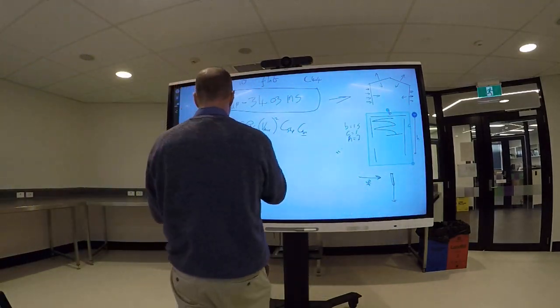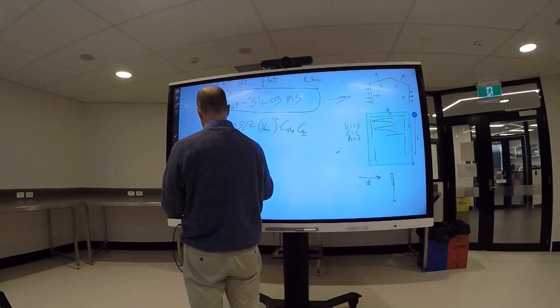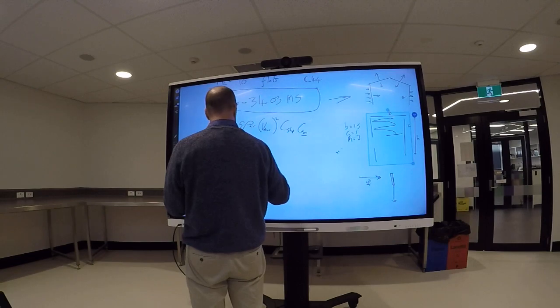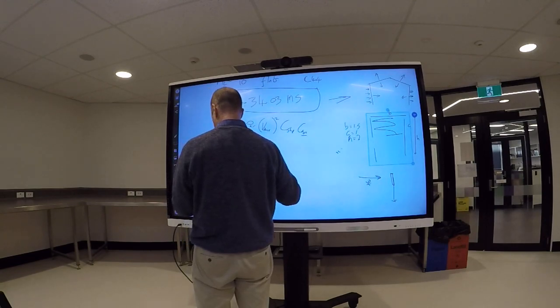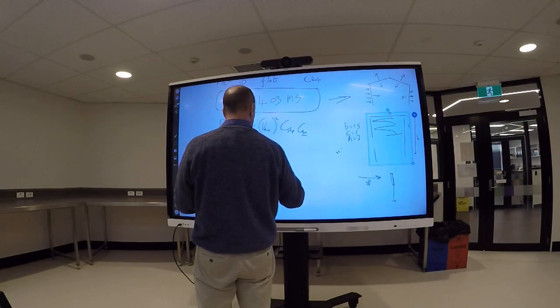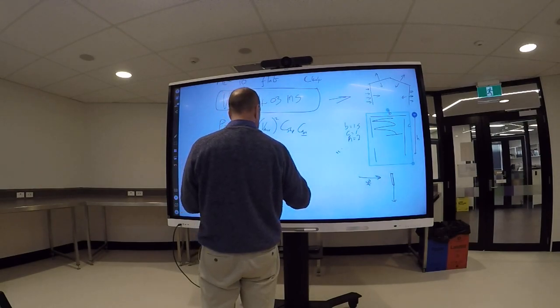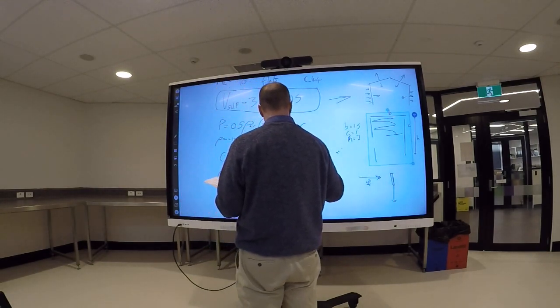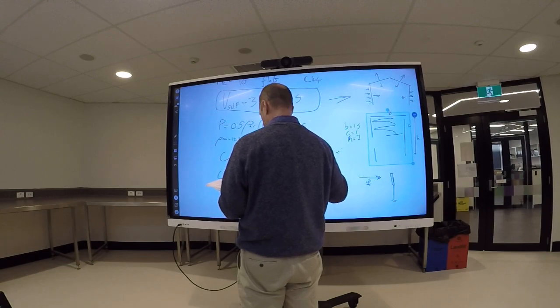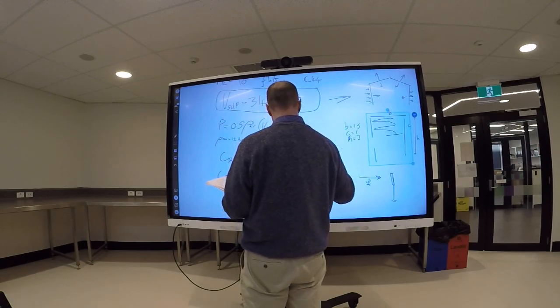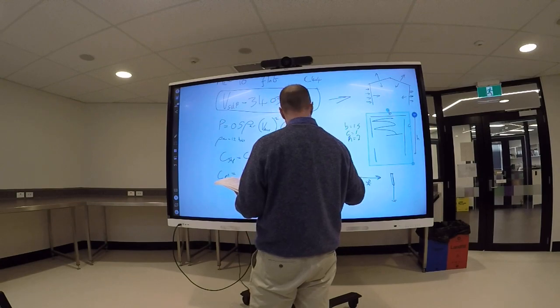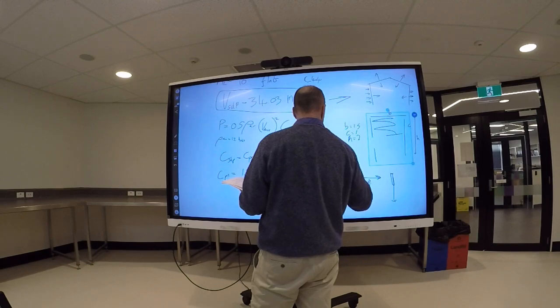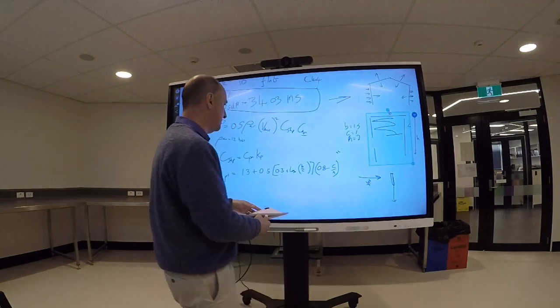Oh, this is fun, right? Watch this. CPN equals 1.3 plus 0.5 outside of a bracket of 0.3 plus log in base 10 of B over C times 0.8 minus C over H. Okay.